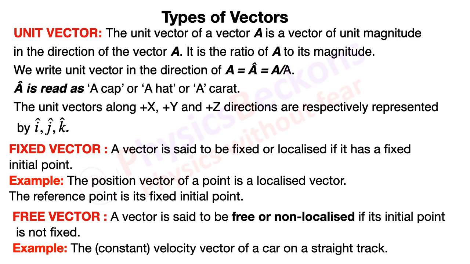The vector remains in same direction because velocity is constant, magnitude will remain same. It is moving along a straight track, therefore the direction will remain same. But the initial point which will lie on the car will keep on moving. So such a vector is a free vector.